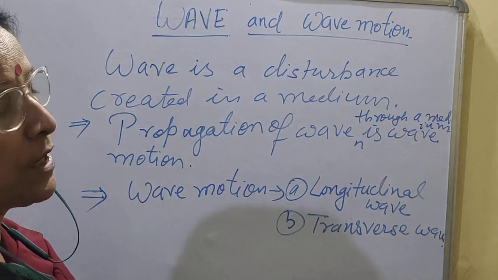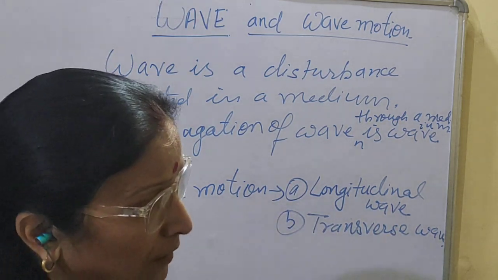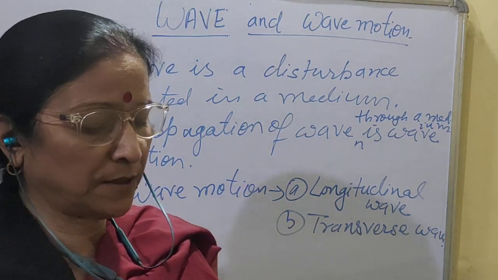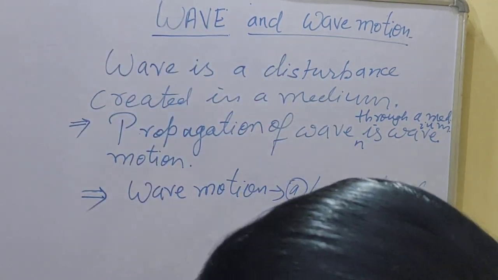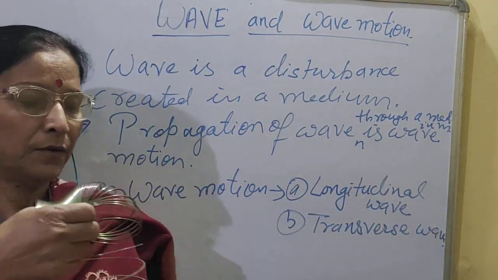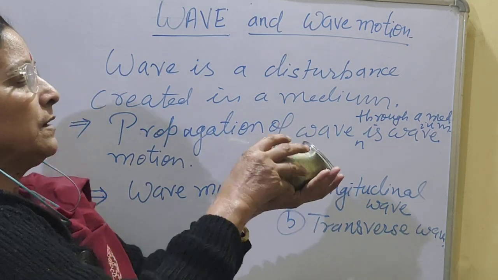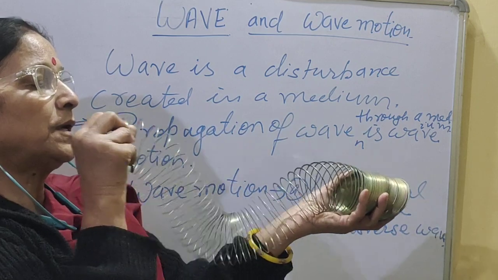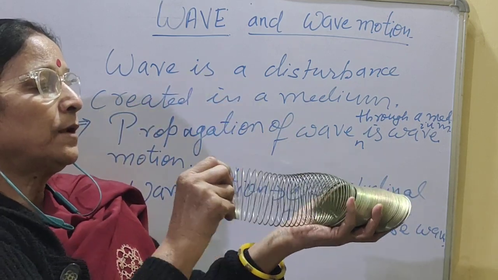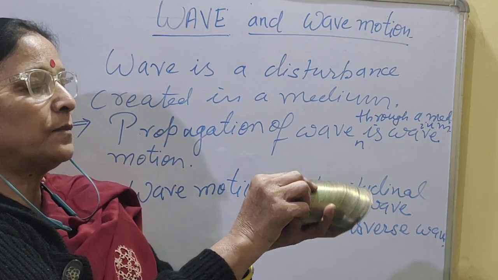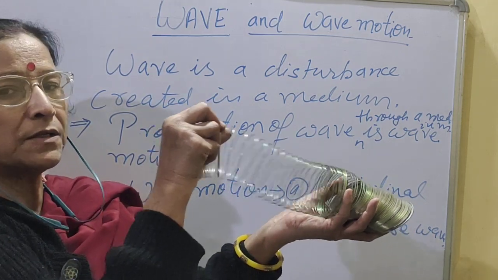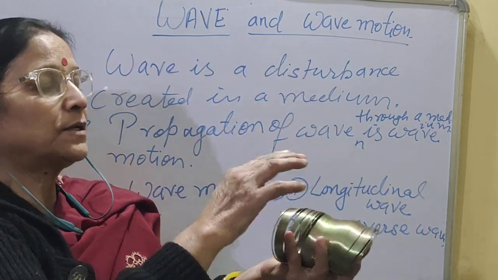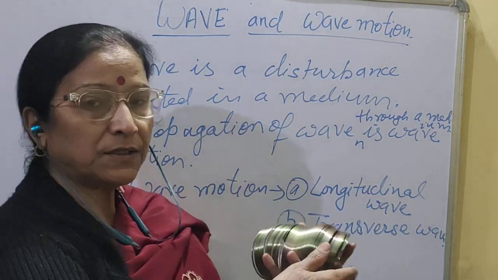Now longitudinal means along the length. What happens in this wave is that when the disturbance is created, like we have this slinky and we create a disturbance at one end, I pull and then leave. Then the turnings of the slinky start executing back and forth motion, and in this way the disturbance reaches the last end of the slinky.